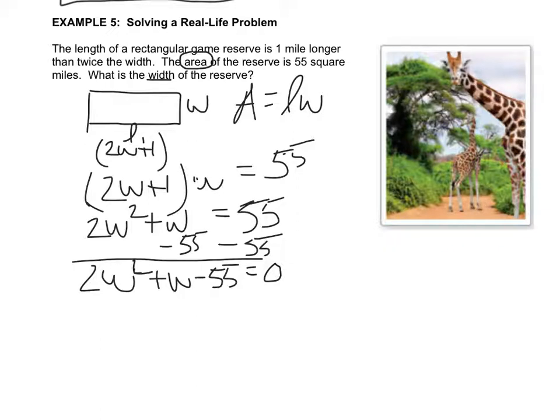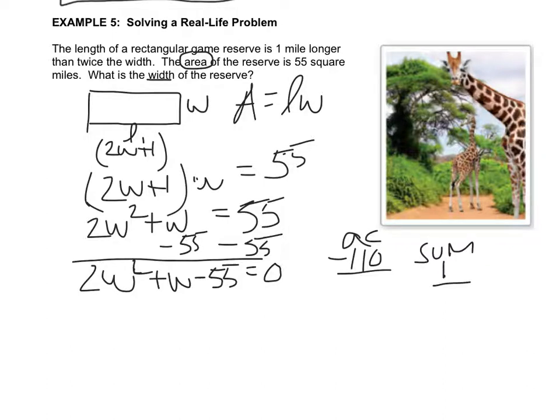We have a coefficient on the w squared that is greater than 1, so we're going to probably use splitting the middle. So I'm looking for factors of ac that will give me negative 110. The sum of those also has to equal the b value, which is a 1 in this case.